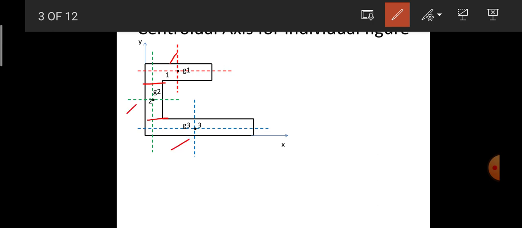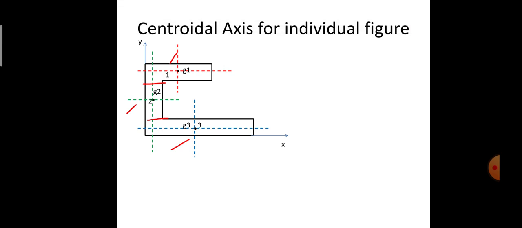I have assumed the x and y axes. With reference to the x and y axes, I am supposed to find the moment of inertia about both axes, since it is an unsymmetrical section. Therefore, in order to calculate the least radius of gyration, I need to determine the moment of inertia for the x as well as the y axis.